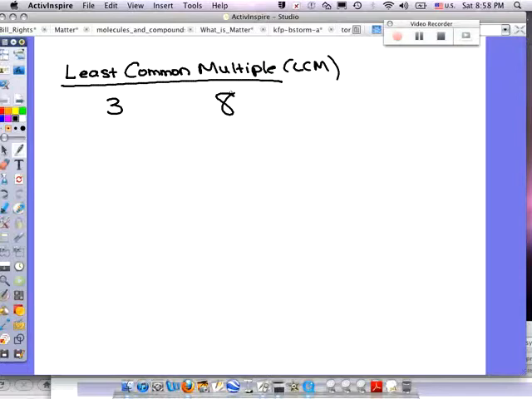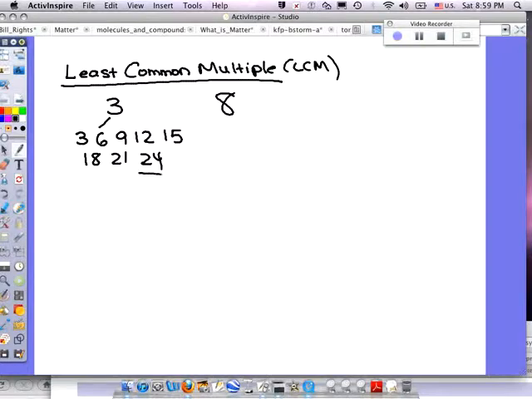Let's just start listing their multiples. 3, we have 3. Actually, as I do this, I'm thinking to myself, should we start with the bigger number or the smaller number? I'm going to choose to start with the smaller number because when we land on one, you can think in your mind, stop when you think this is a multiple of 8 and then check it. 3, 6, 9, 12, 15, 18, 21, 24.